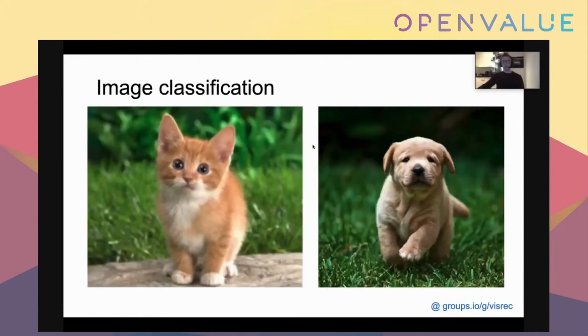Like I already mentioned, we've got classification here. We know as humans that this is a puppy on the right side and on the left side it's a kitten, right? But a computer doesn't know; a computer only sees bytes. So we need to make the machine understand that on the left side is a kitten and on the right side a puppy.